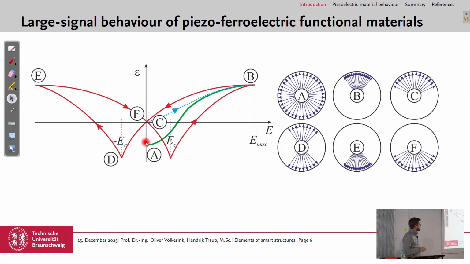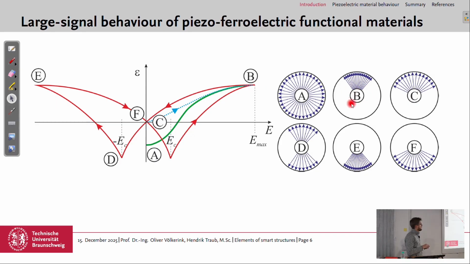So if we start with an unpolarized piezoceramic material, we are here in point A. The polarization directions are statistically distributed, so we have no macroscopic effect. Then we apply an electric field up to the maximum electrical field we can apply without breaking the piezoceramic. Then we are here in point B.